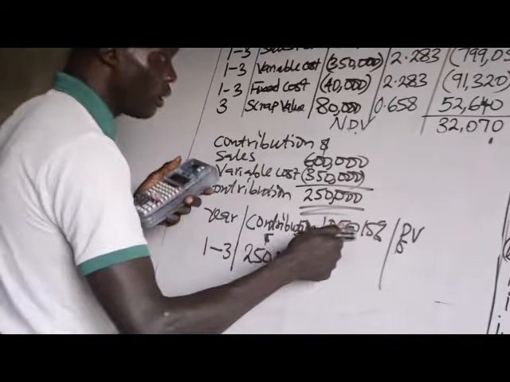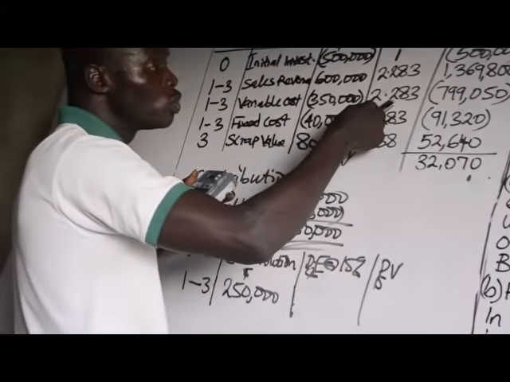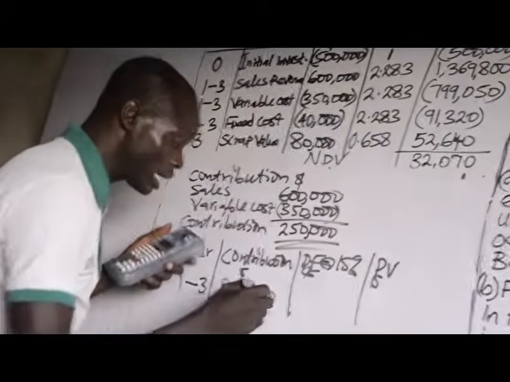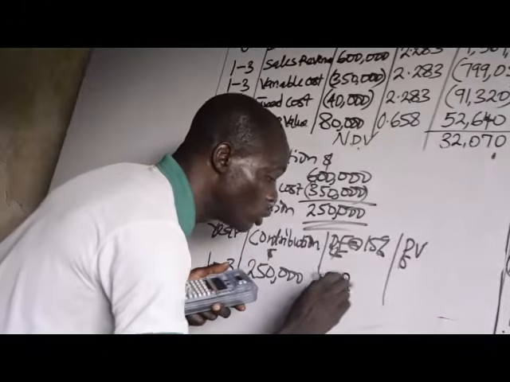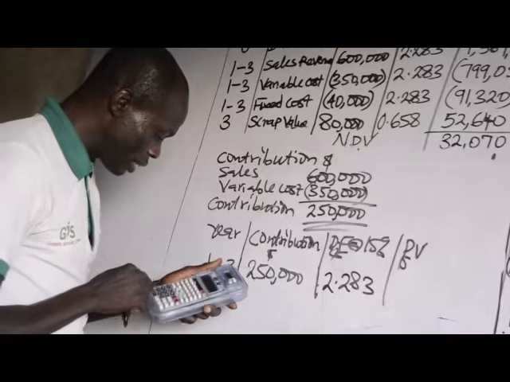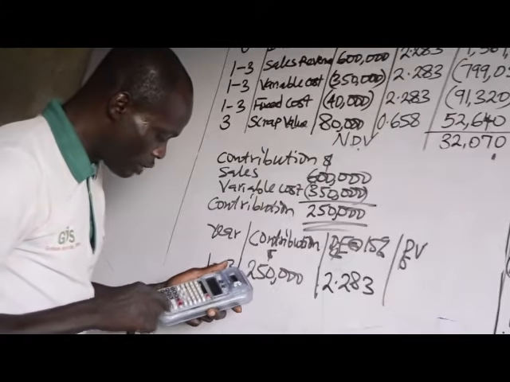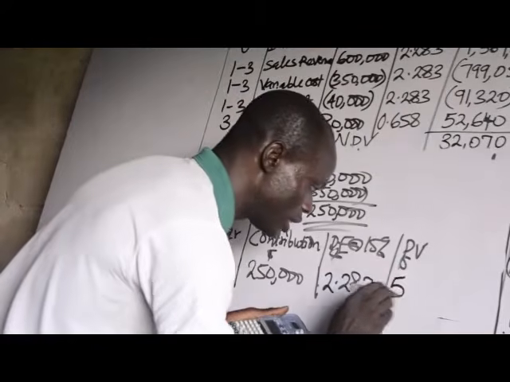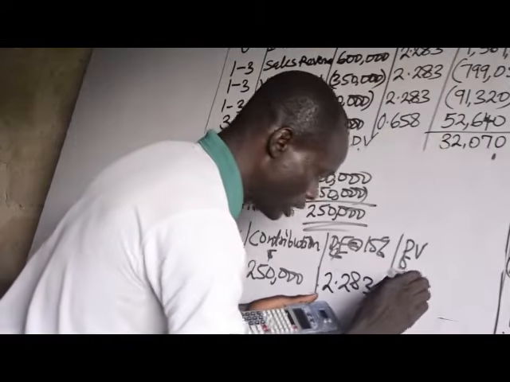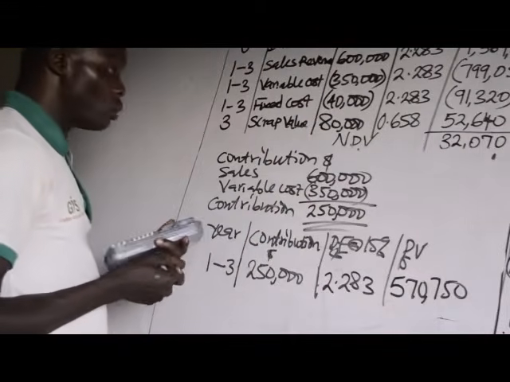The discount factor for year 1 to 3 is 2.283 as calculated earlier. What is the present value of that? 250,000 times 2.283, we have 570,750. That is our contribution, which is the sales volume required.